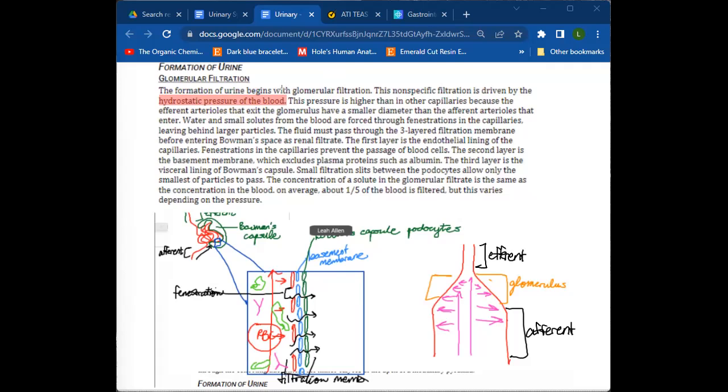So let's take a look now. Again, let me relabel this: the red cells are the endothelial cells of the glomerulus, the blue cells are the basement membrane, and then the green cells are the Bowman's capsule podocytes.